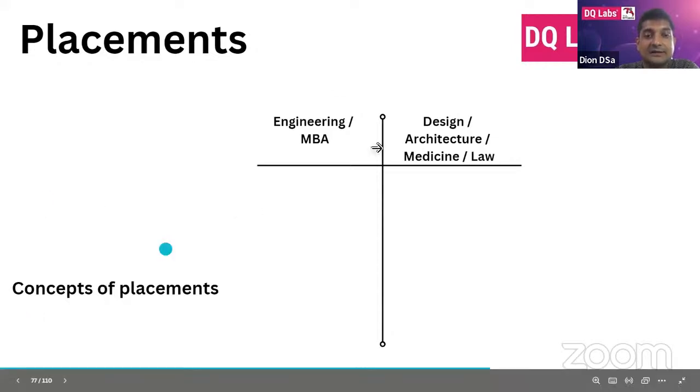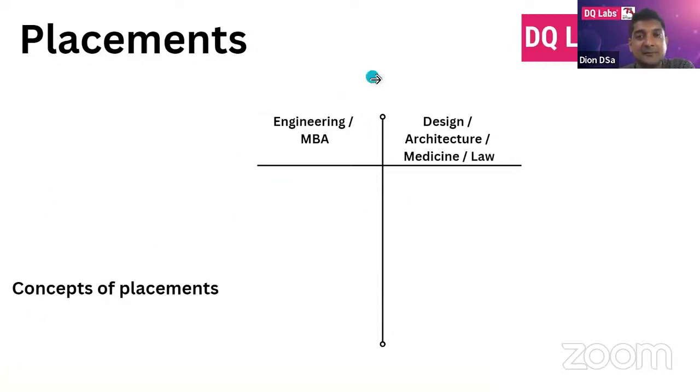So what we should understand is the concept of placements. This is a critical thing. In engineering and MBA, when companies come for placements, they come to the college and hire 10, 20, 100 or 200 people, and they say, we will put you in this department, you make your career from here. That's the mindset when engineers and MBAs graduate.